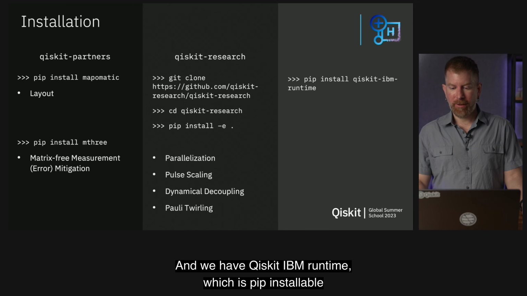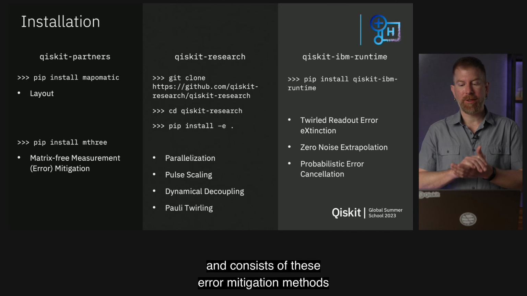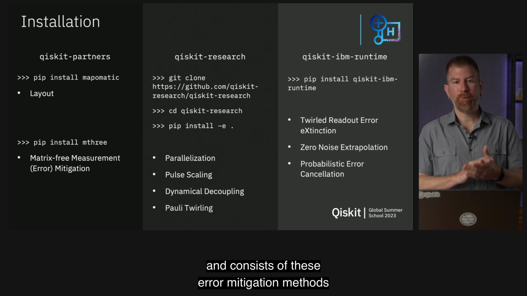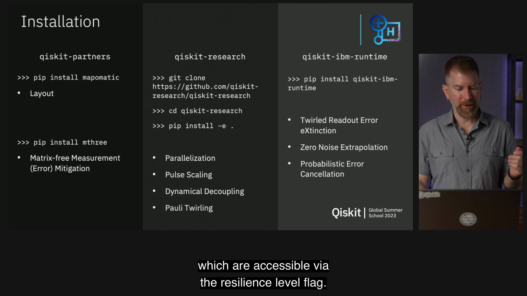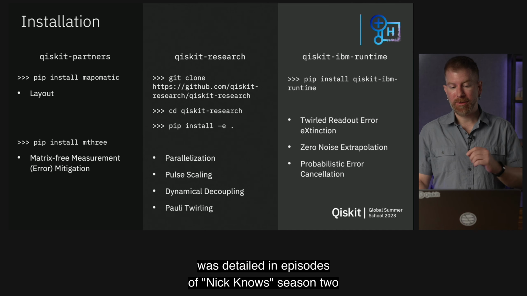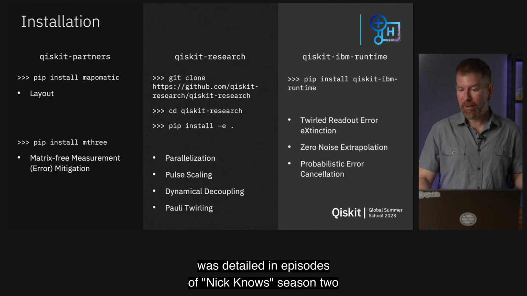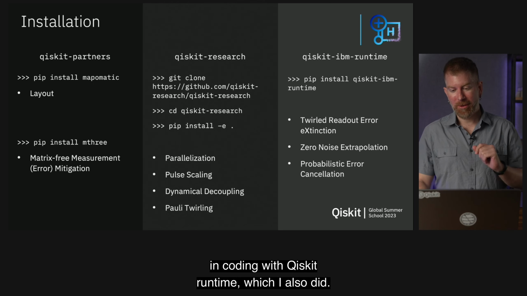And we have Qiskit IBM Runtime, which is pip installable and consists of these error mitigation methods, which are accessible via the resilience level flag. Qiskit Research in particular was detailed in episodes of Nick Knows Season 2, and the Qiskit IBM Runtime is detailed in Coding with Qiskit Runtime, which I also did.